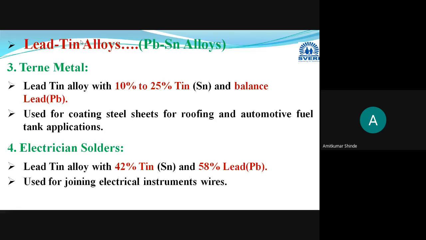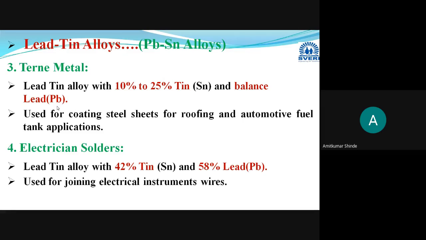These metals are used for providing a coating on steel sheets, whichever steel sheets we are using for roofing or automotive fuel tanks. On that steel material, one coating of this material will be given, which is termed the turny metal, and its composition will vary in this range, 10 to 25% tin, and the balance or remaining amount will be lead.